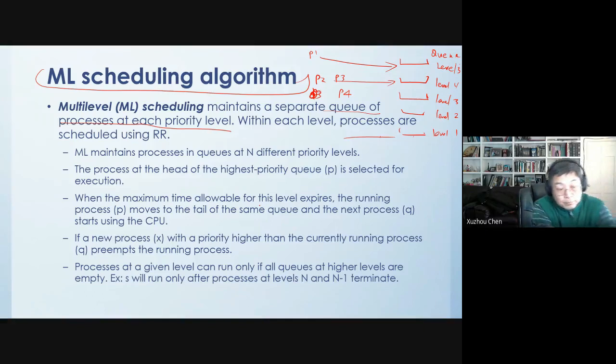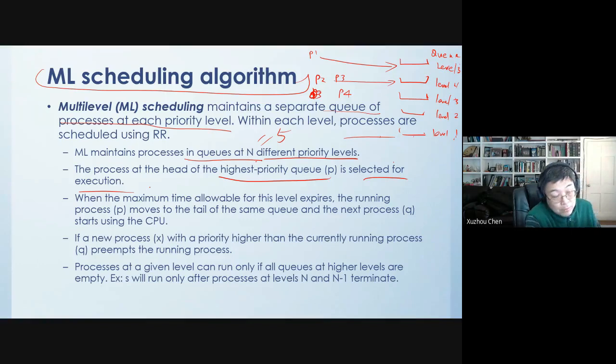Now multi-level scheduling basically maintains processes in queues at n different priority levels. In that case, n equals 5, right? So 1, 2, 3, 4, 5. The process at the head of the highest priority queue is selected for execution.